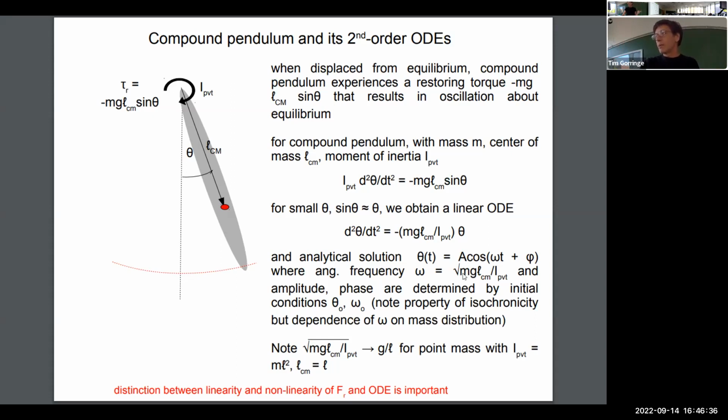So in this case, it's going to be the mass, the center of mass, the moment of inertia, and the acceleration of gravity. And then the amplitude and the phase of the oscillations. Again, there's a whole family of different amplitudes and phases that are determined by the initial conditions: the angle that you release the compound pendulum from and the initial angular velocity that you gave it.